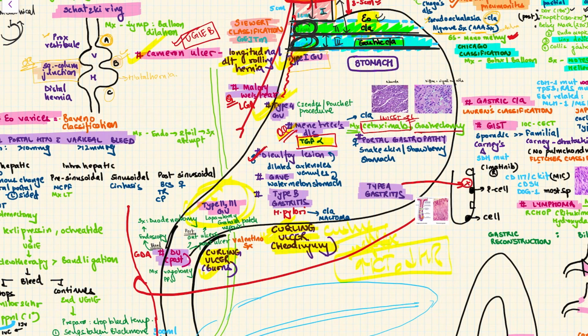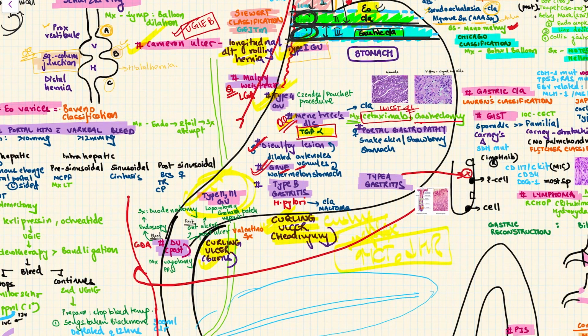Other cause of bleed can be a Dieulafoy lesion, right? It is a dilated arteriole, right? And GAVE, which is also known as watermelon stomach, it is a dilated vein. Okay, so GAVE has V, so that is a venule, and so Dieulafoy will be artery. Okay, Dieulafoy is arteriole and GAVE is a venule, right?